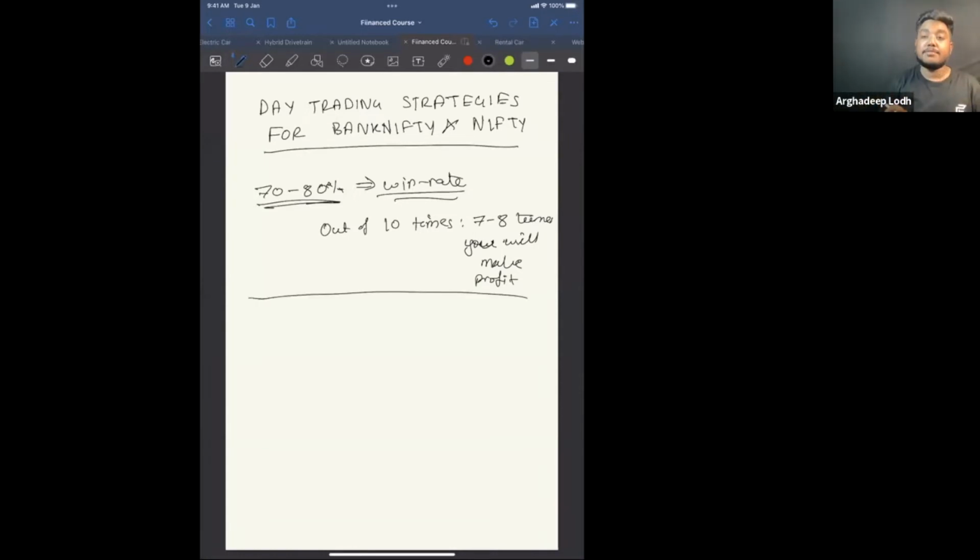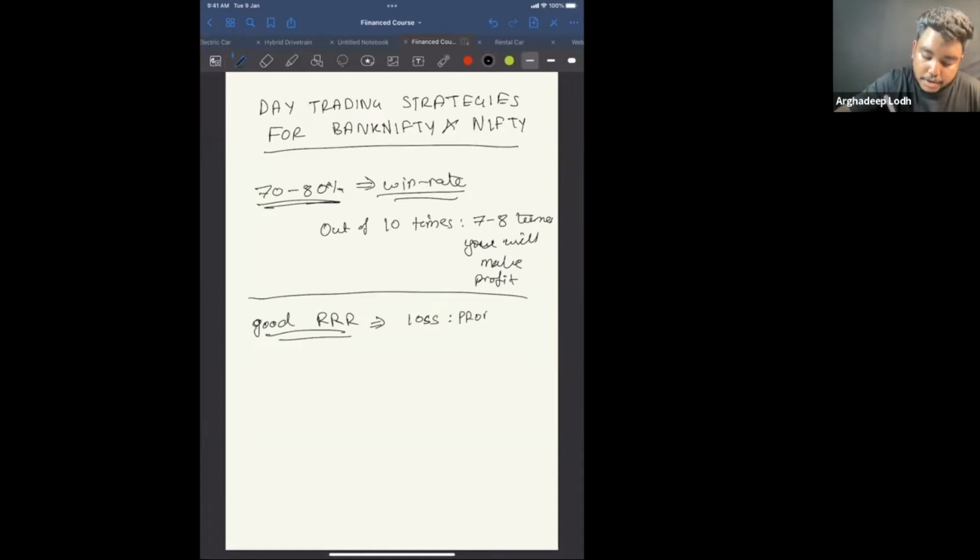Now the second type of strategy is a strategy with a good risk to reward ratio. Risk to reward means the ratio of loss and profit.